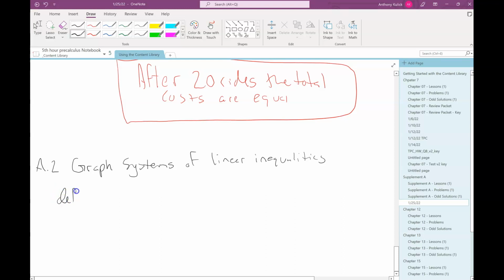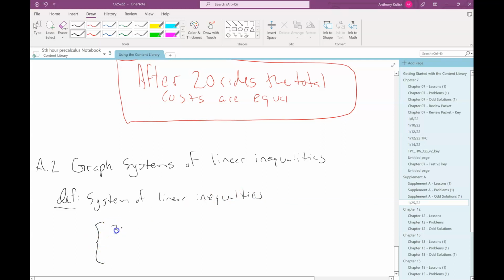So again, start with a little definition. Here, there's no real limit to the number of inequalities in our system.